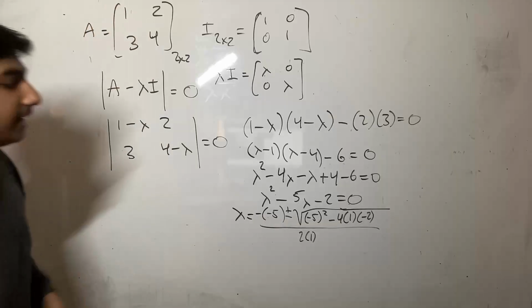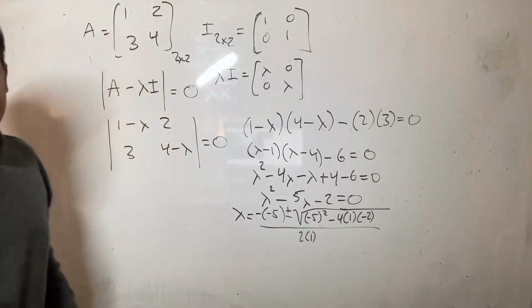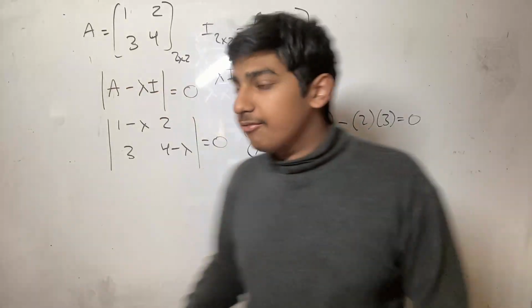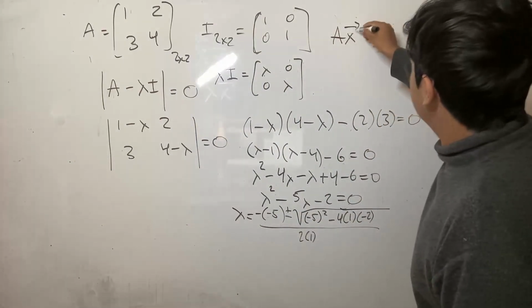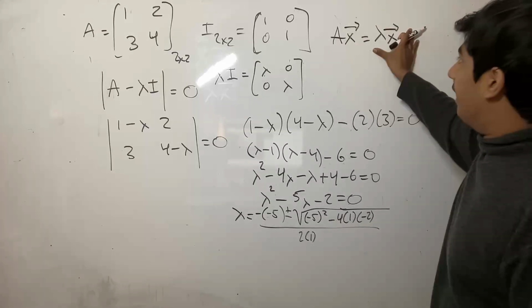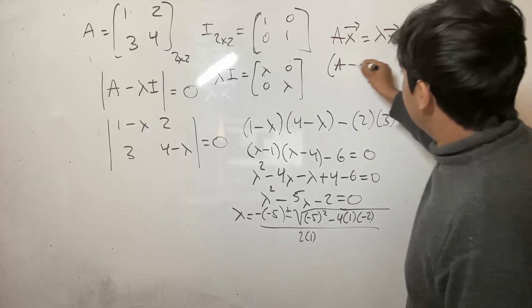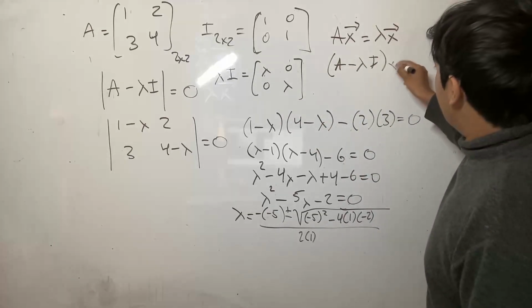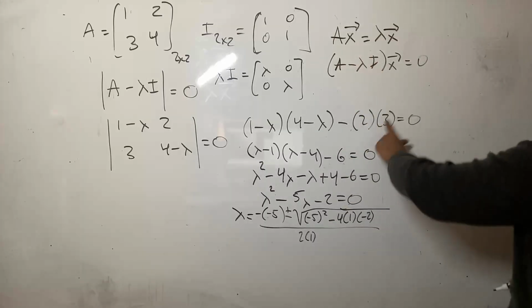Now, using the fact that you have these two eigenvalues, you can then find your eigenvectors by plugging them into the equation Ax equals lambda x. In order to solve for x, you take A minus lambda I times x equals 0, plug in your respective lambdas, and then solve for x.